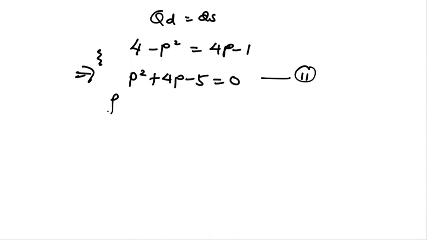Why? Because 11 is a function of P. Therefore, we can rewrite 11 as f(P) equals P squared plus 4P minus 5, and let's call this 12.